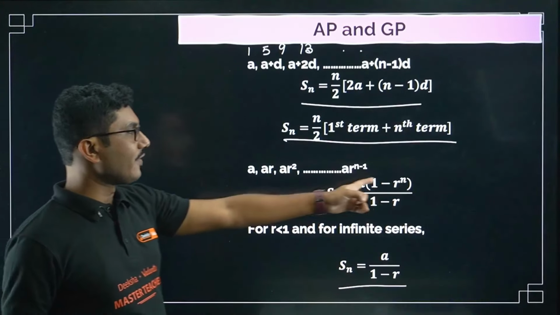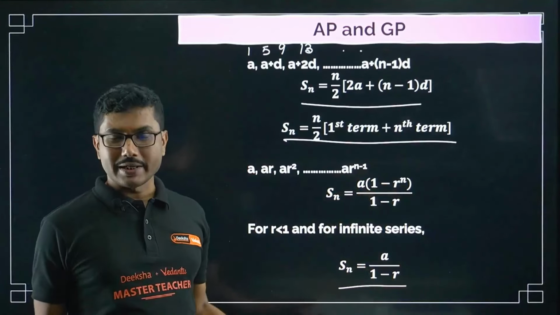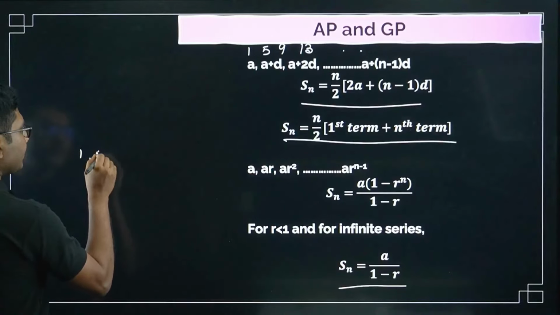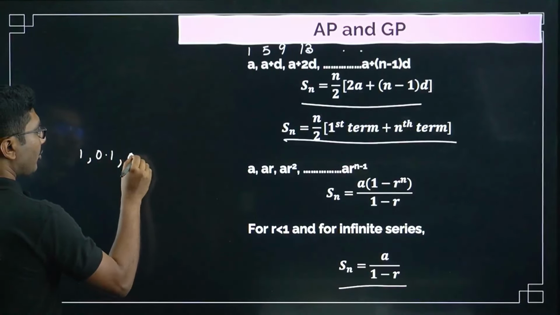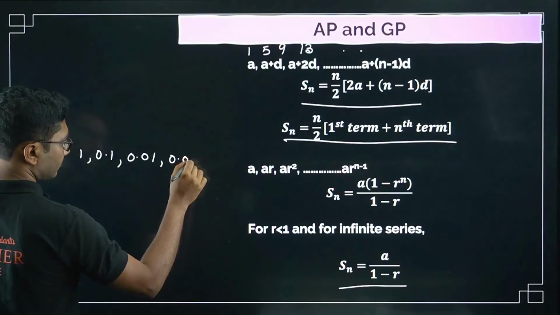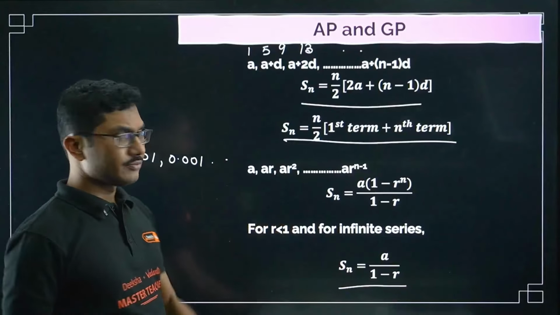And if the value of r is less than 1, that means instead of multiplying, you are dividing. For example 1, 0.1, 0.01, 0.001, like that. If you are adding all such terms, what is the sum?